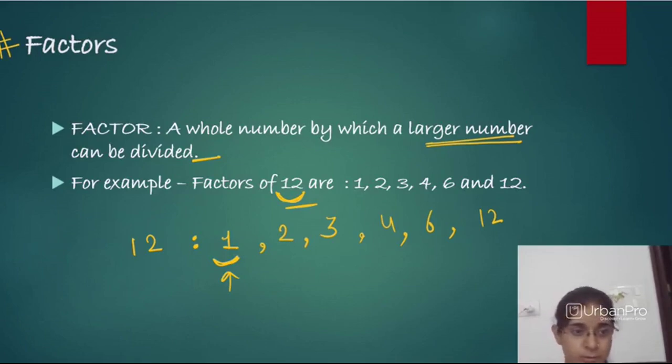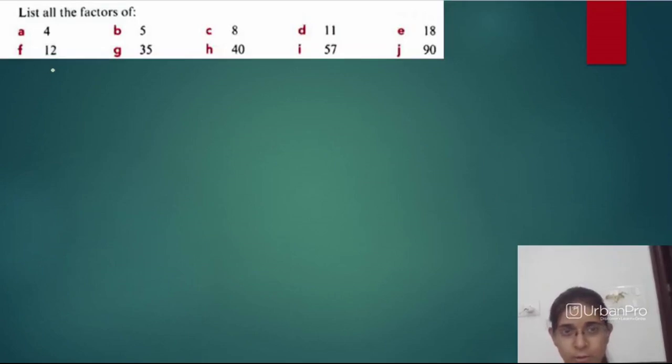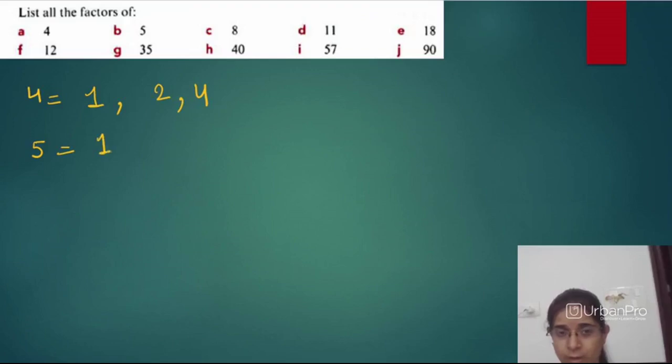Alright, now let's try out the questions based on factors. Let's write out the factors of 4. 4 can be completely divided by 1, 2 and 4. For 5, it is 1 and 5. For 8, 8 can be divided by 1 completely, 8 can be divided by 2 completely, by 4, and by 8.